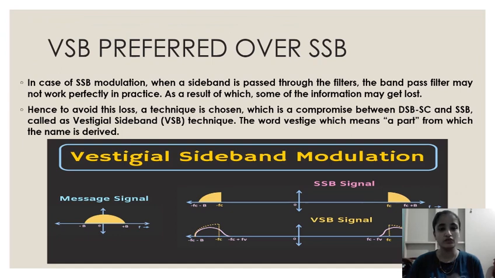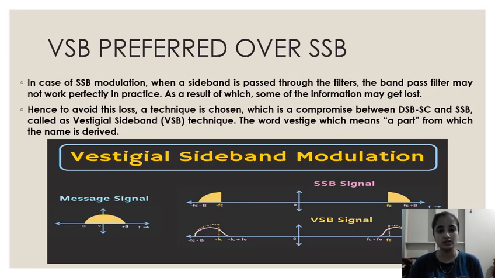Next we move on to why VSB is preferred over SSB, that is single sideband modulation. In the case of SSB modulation, when a sideband is passed through the filters, the bandpass filter may not work perfectly in practice. As a result, some of the information may get lost. Hence, to avoid this loss, a technique is chosen which is a compromise between DSB-SC, that is double sideband suppressed carrier, and SSB, that is single sideband, called the vestigial sideband technique.